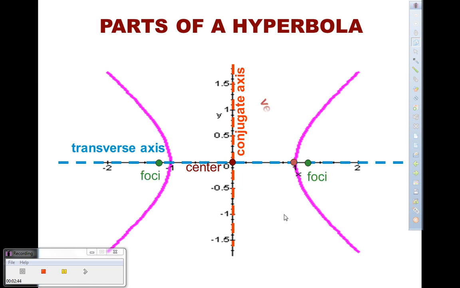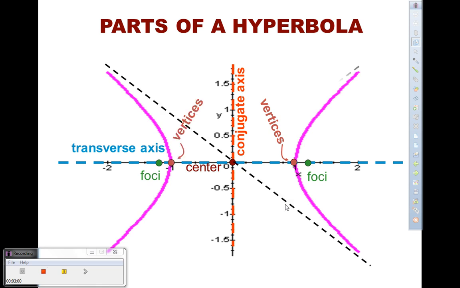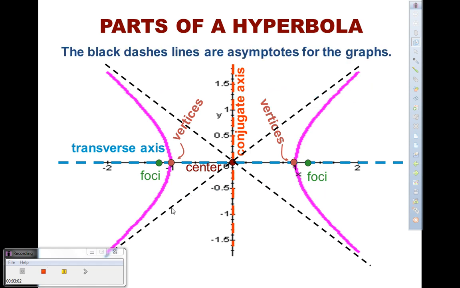And then we have our vertices, here and here. Noticing that the foci and the vertices are on the same axis, that'll be important later on when we're coming up with equations. And then we have two asymptotes. Remember, the graph will never cross our asymptotes, and it's undefined there as well. We'll be able to come up with the equations of these a little bit later on.